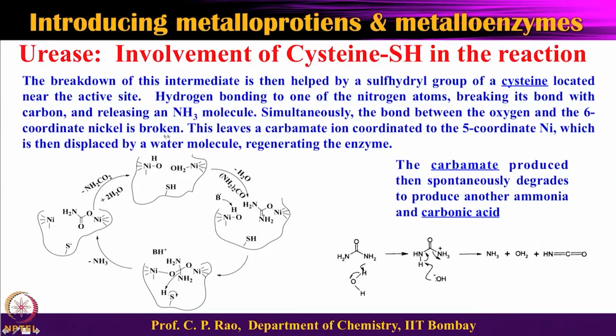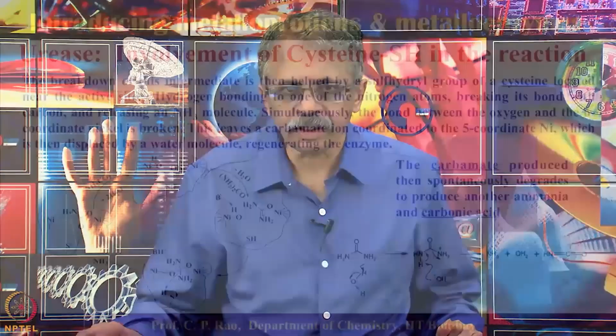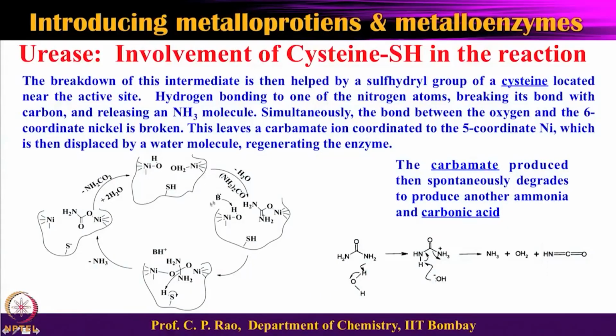In fact, in the literature people have done experiments with modified versions of the urease enzyme, where they modified this SH moiety, and when you modify it, the reaction is inhibited.